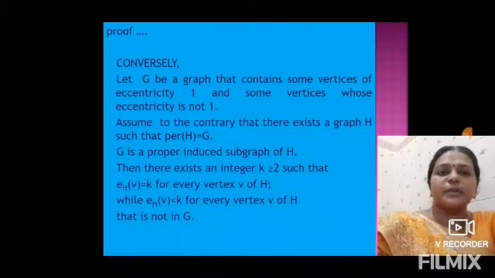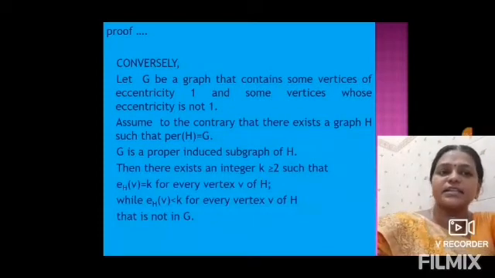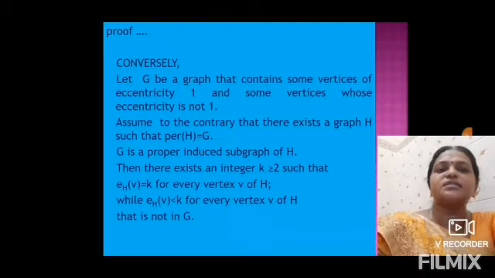Let's go for the converse part. Let G be a graph that contains some vertices of eccentricity 1 and some vertices whose eccentricity is not 1.